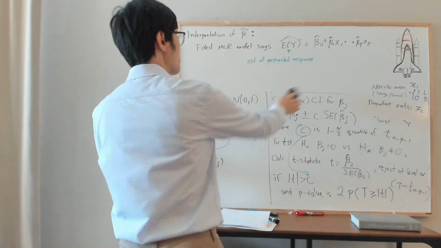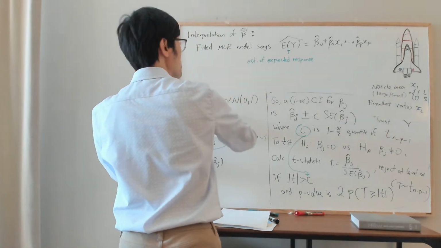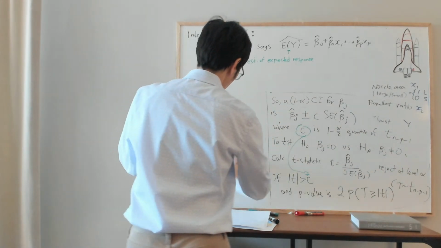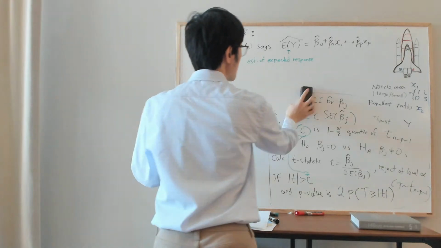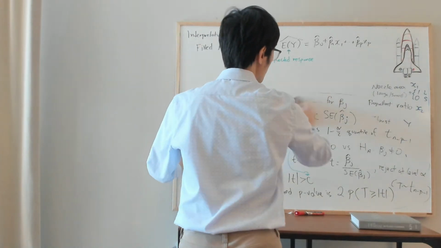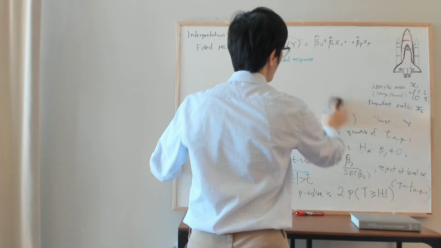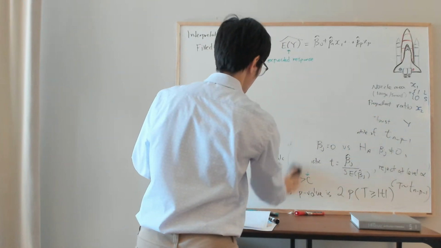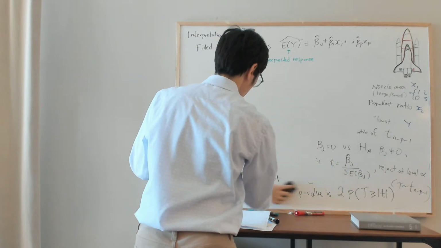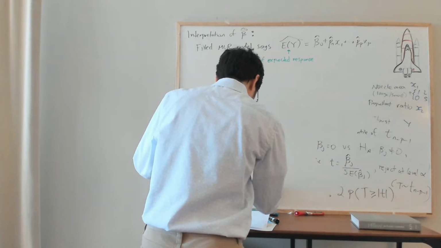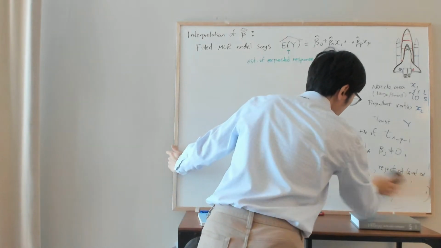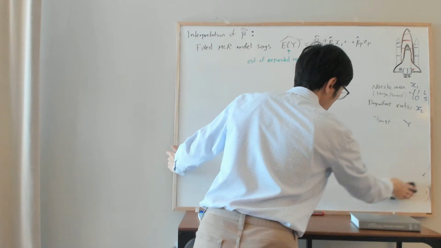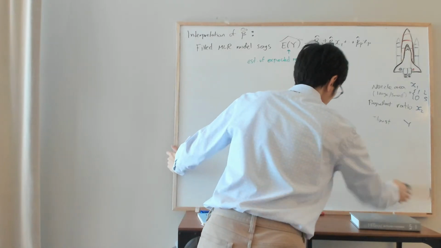Let's start with beta 0. What's the meaning of beta 0? When all the x's are 0, beta 0 tells us the expected response for y. Depending on the application, that may or may not have an interpretable meaning.